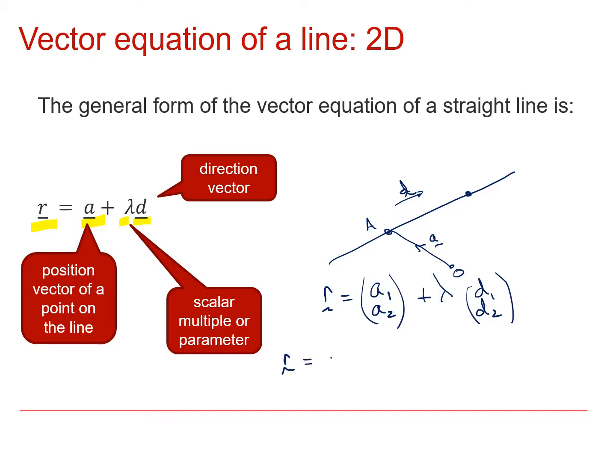So r is a1 lots of i plus a2 lots of j plus lambda lots of d1 i plus d2 j.